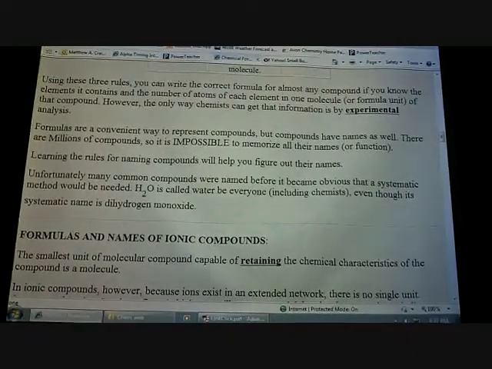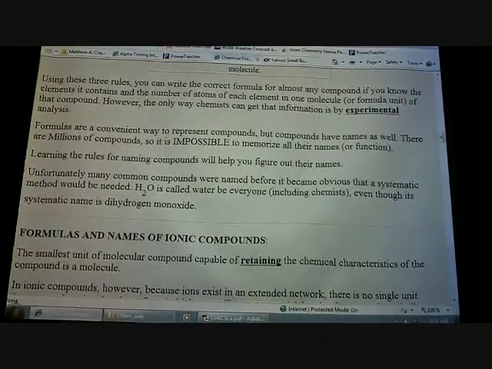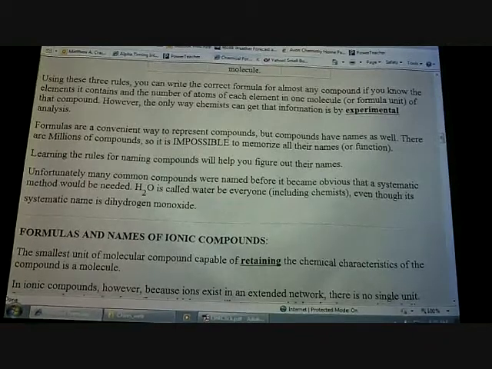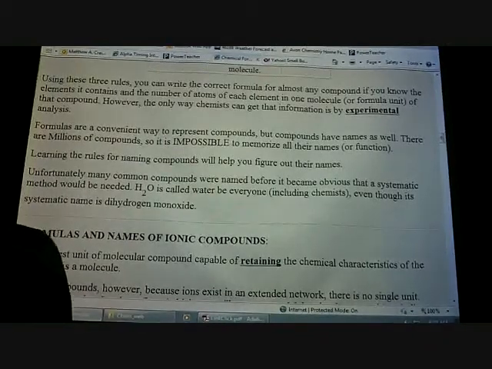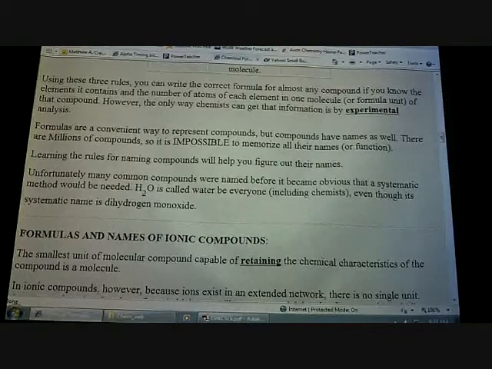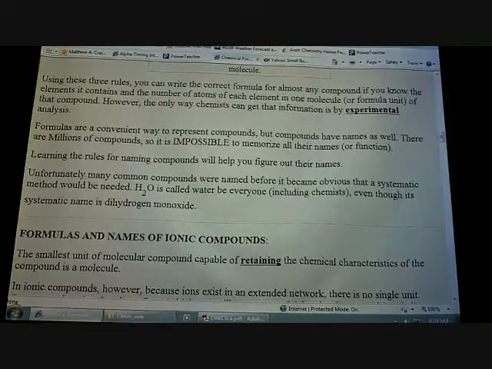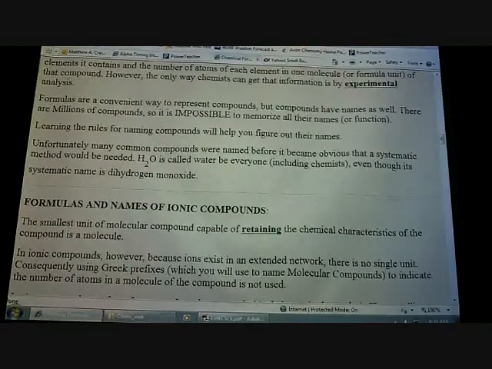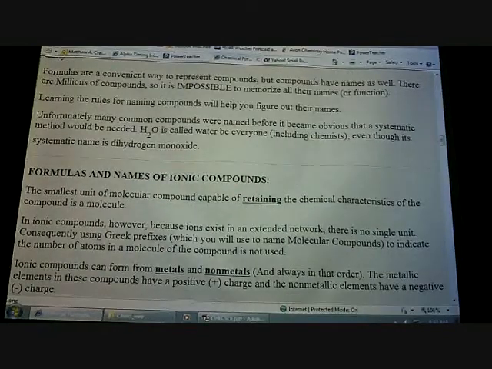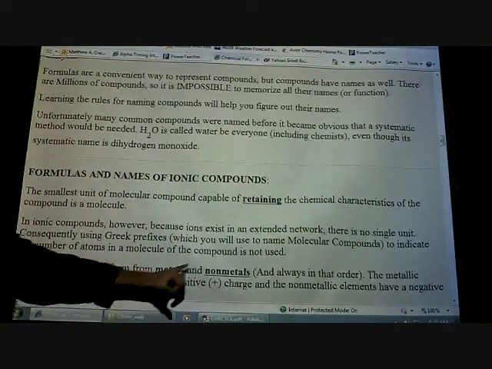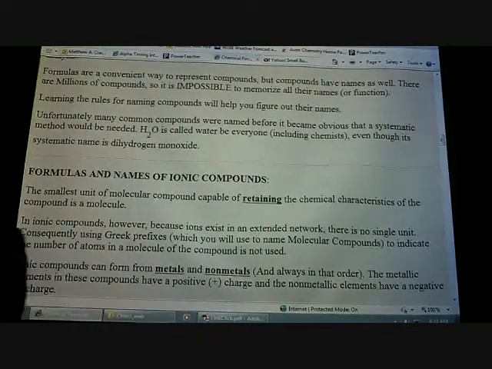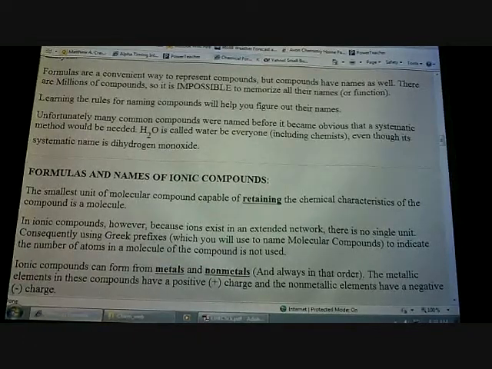Formulas and names of ionic compounds. Again, we want to go with the smallest unit for the molecular compound capable of retaining the chemical properties. In other words, we're going to have the smallest whole number ratio. You will have a metal with a nonmetal. What do metals like to do with their electrons?